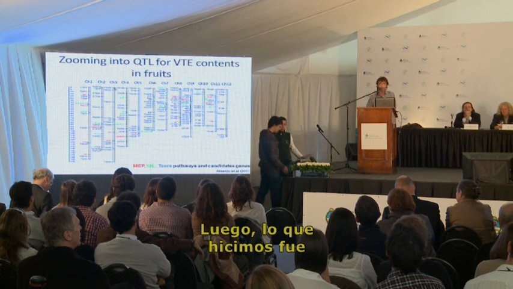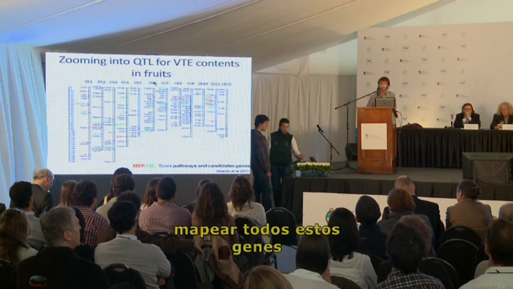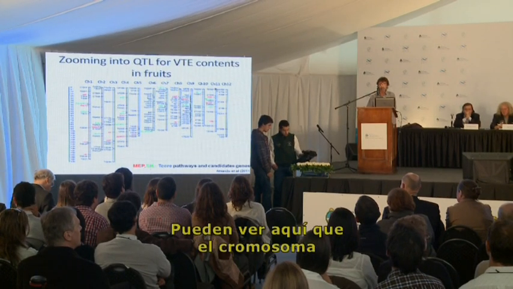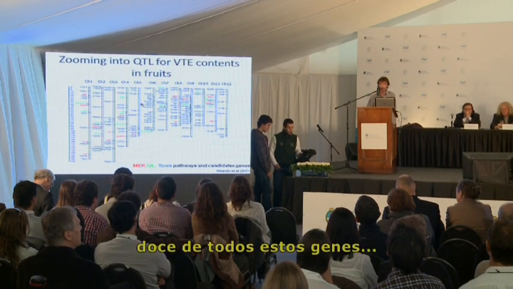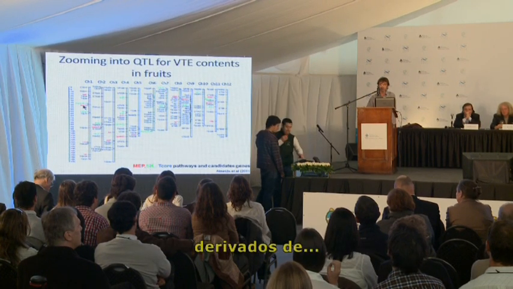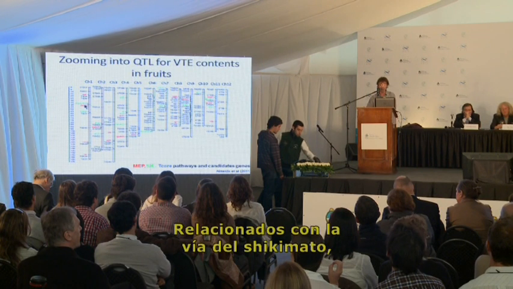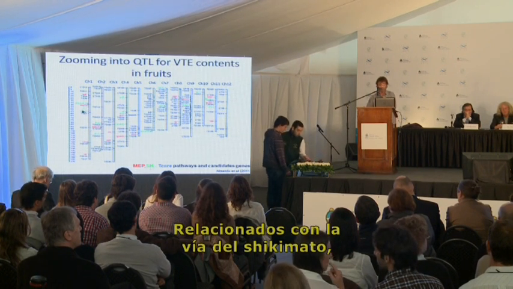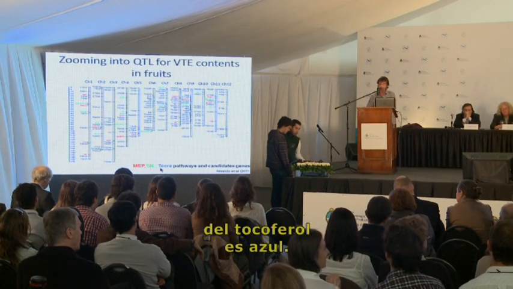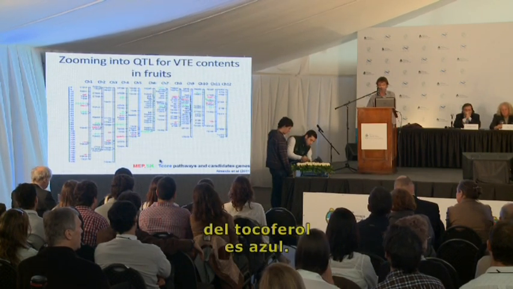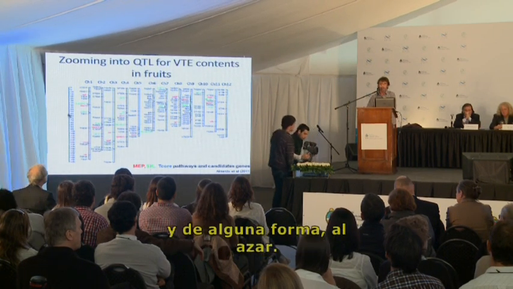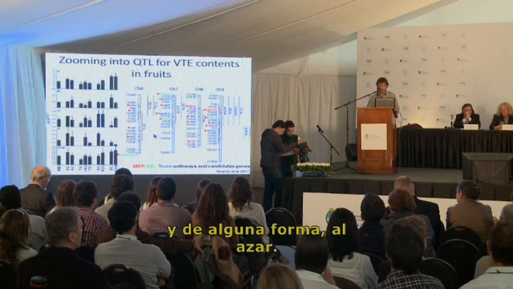Next, we mapped all these genes in tomato, and you can see here that, except in chromosome 12, all these genes, marked in green those related to the shikimate pathway, in red the MEP pathway, and in blue the tocopherol core pathway, are distributed all along the genome, somewhat randomly.